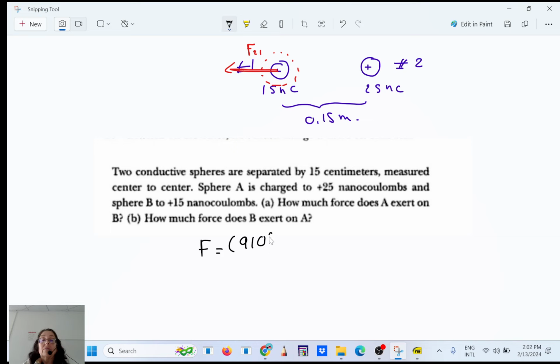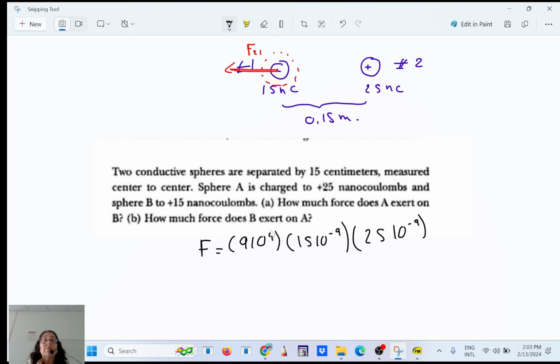So 9 times 10 to the 9, that will be your electric constant, times Q1, which is 15 times 10 to the negative 9, times Q2 times 10 to the negative 9. You have to be careful with your TI.